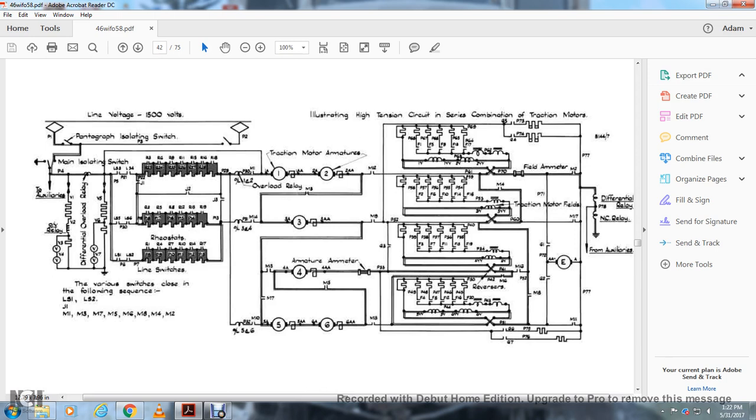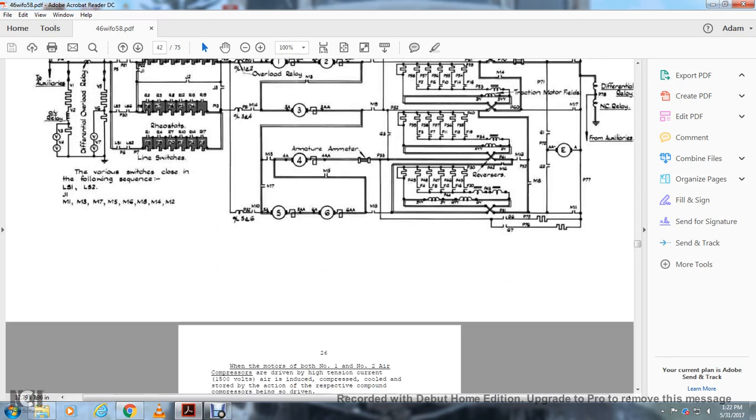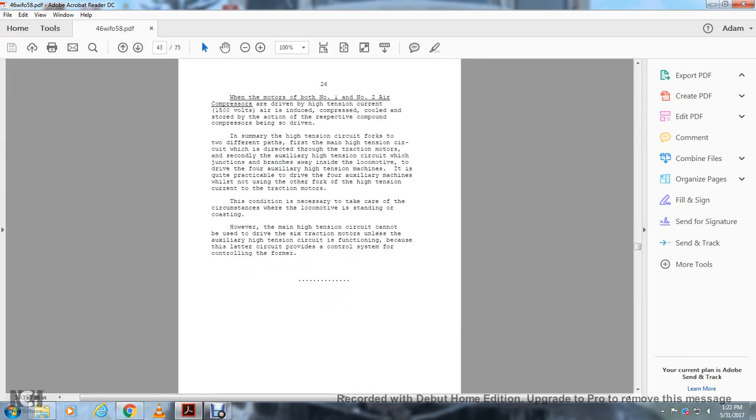Relays, voltmeters, your current, also through the rheostat line switches, traction motor armatures 1, 2, 3, 4, 5, and 6, armature ammeter, overload relay, current, the isolation high tension circuit breaker, series combination of traction motors, traction motor fields, motor generator, differential relay, and auxiliaries.